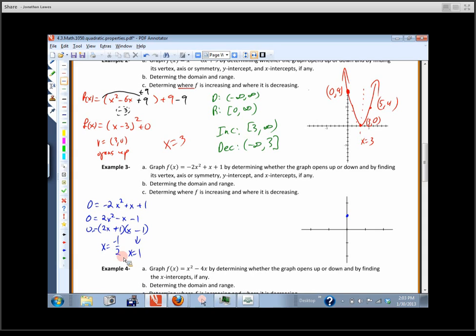Now let's take a look at that. So we've got an x-intercept at 1 and an x-intercept at negative 1/2. That's what it looks like, right?